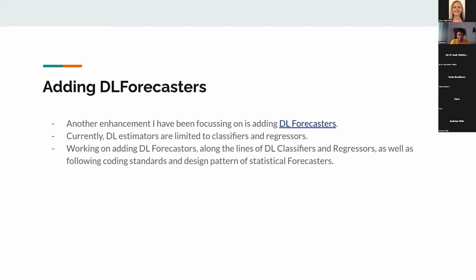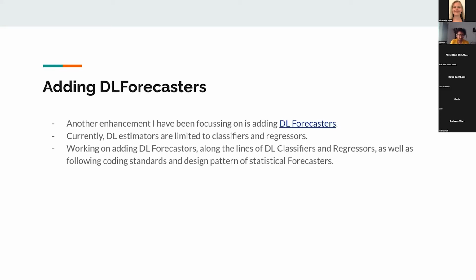And hence that is one of the main reasons why it is important that whenever we add new forecasters, whenever we add new estimators, we are able to ensure that not only is it following a particular set standard for all DL estimators, but it also has to follow particular set standards for forecasters.